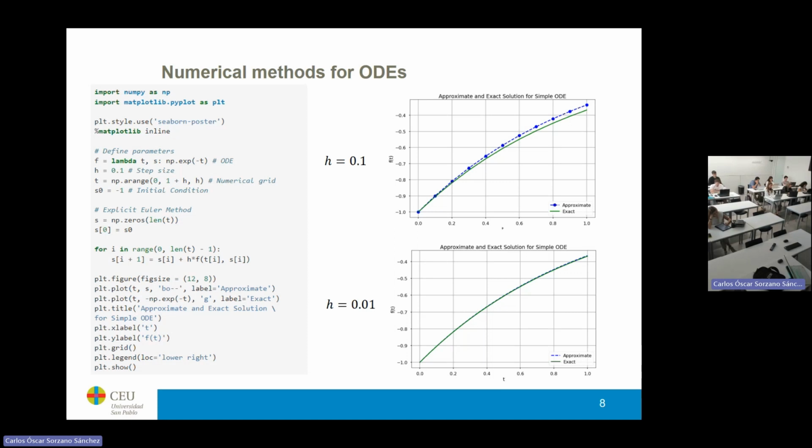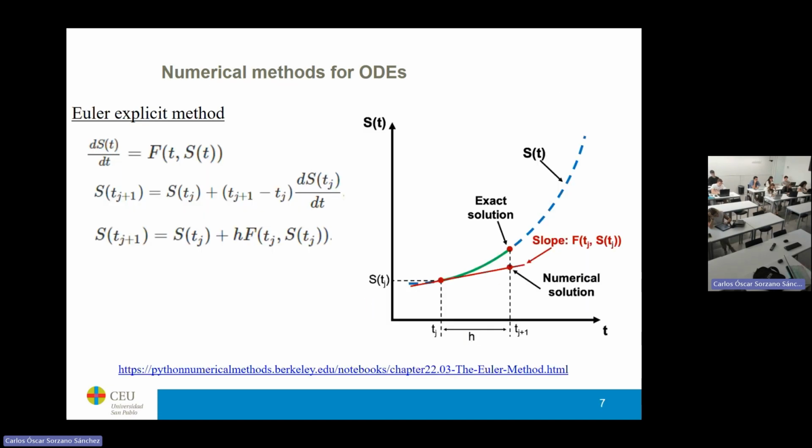We are solving the equation between 0 and 1. The green curve is the exact solution, and this time step of 0.1 goes from 0 to 0.1, 0.2, 0.3. You see that at the beginning it is close, but then we are approximating the curve by a line, so the farther you go, the less good the approximation will be.